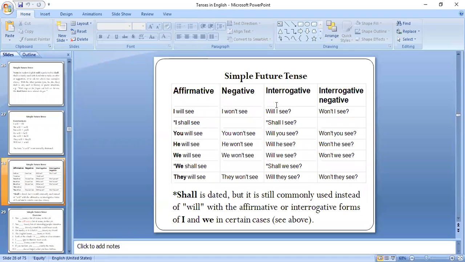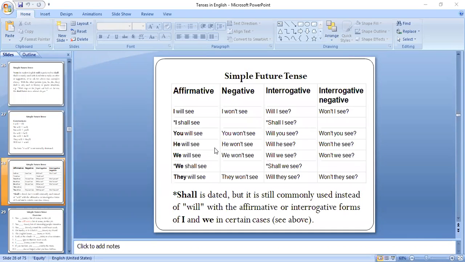Or we can use shall in front of I. So I shall see, if this is the affirmative, its negative will be I shall not see or I shan't see.